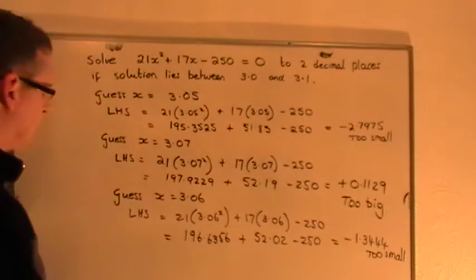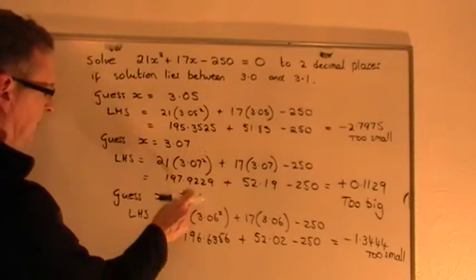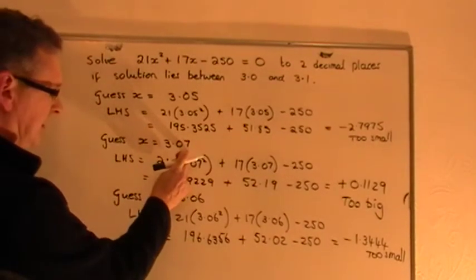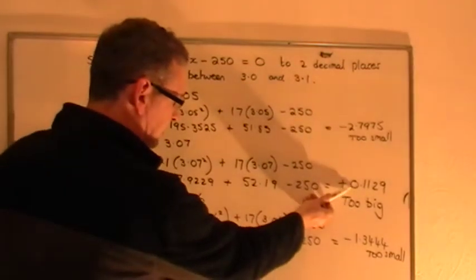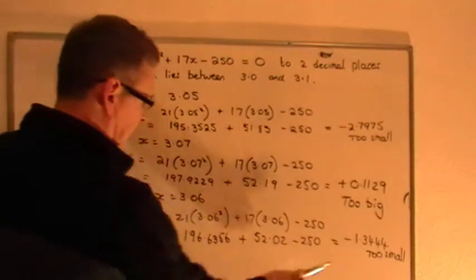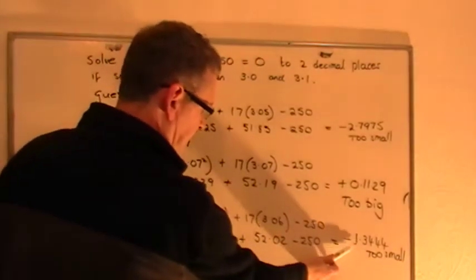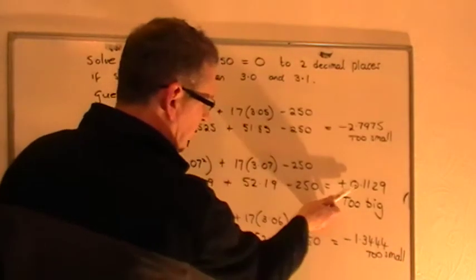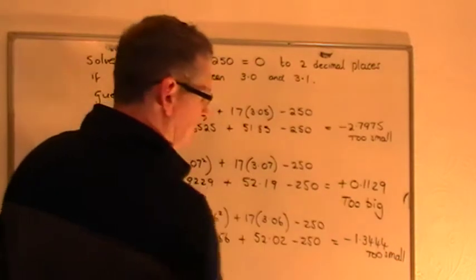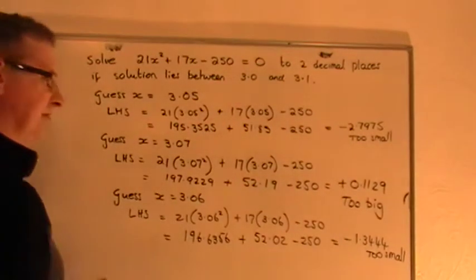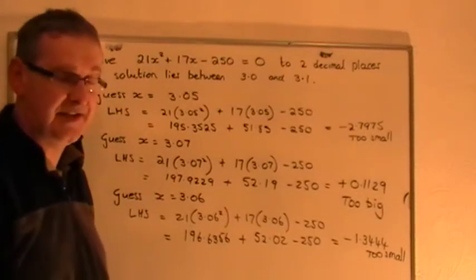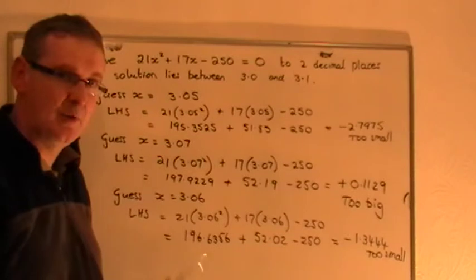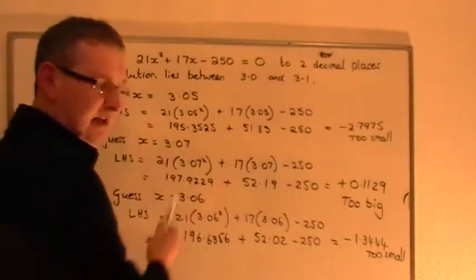Okay, so you can see that 3.06 is too small, 3.07 is too big. I think you can quite clearly see that 3.07 is only a tiny bit too big, whereas 3.06 is much too small. It's minus 1 point something too small, as opposed to just plus 0 point something too big. So 3.07 is obviously closer to the real answer. So I know in advance that 3.07 is what I'm going to choose for my answer to 2 decimal places.